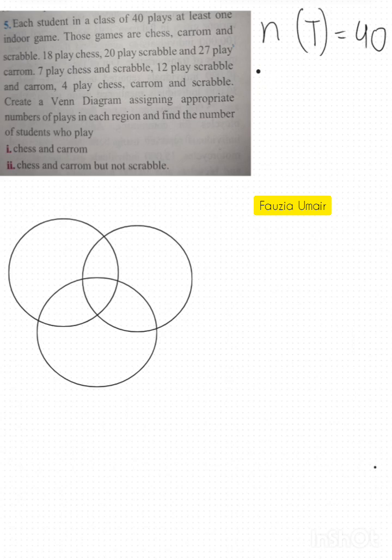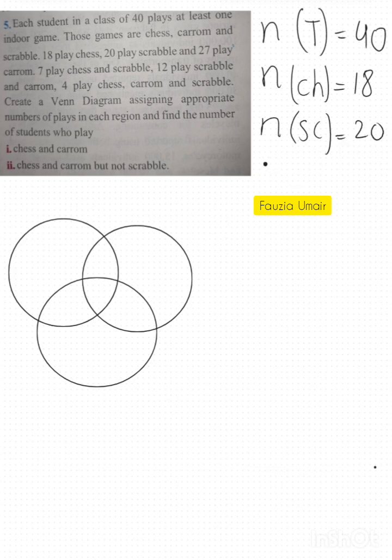Let's write down the data first. N of T is 40. The number of students who play chess, which I'm denoting with CH, is 18. The number of students who play Scrabble, denoted SC, is 20.